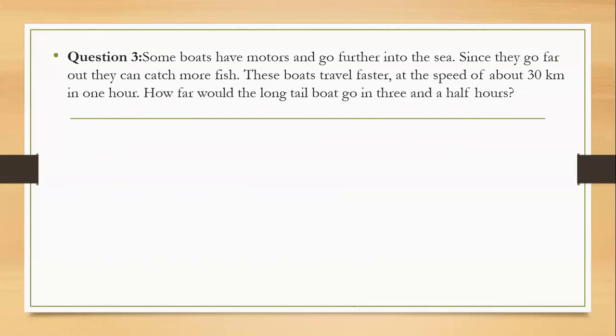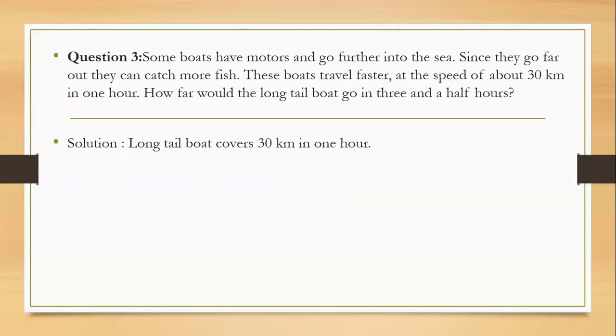The time is given as a mixed number. There is a boat named long-tail boat. If the long-tail boat covers 30 km in 1 hour, how much distance would it cover in 3.5 hours? So let's see.